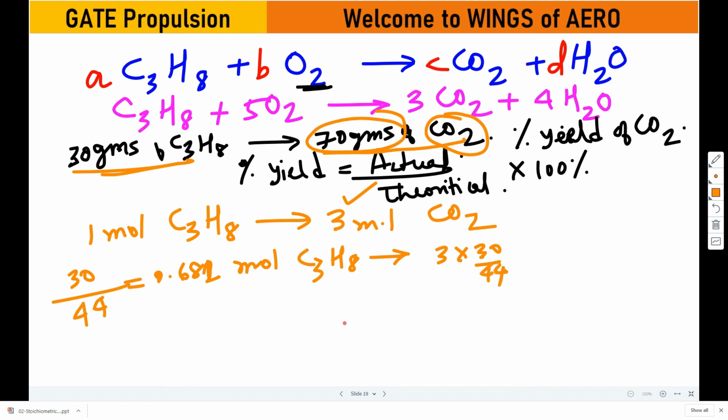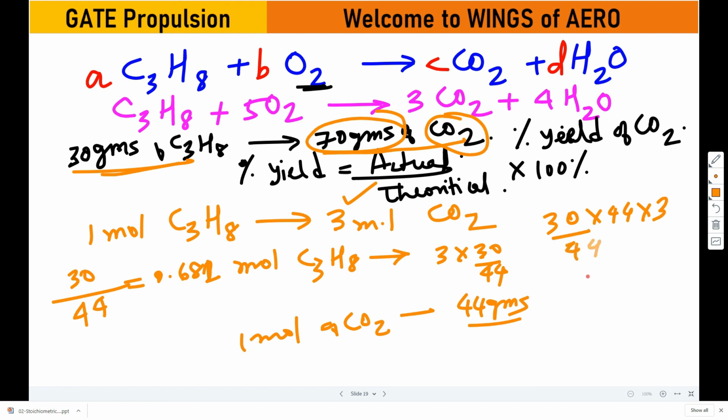Whatever you are getting, that means 1 mole of CO2 is 44 grams. Then so totally you will get around 88 grams, right?